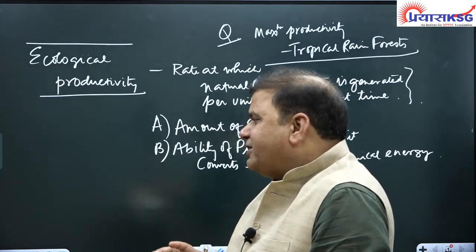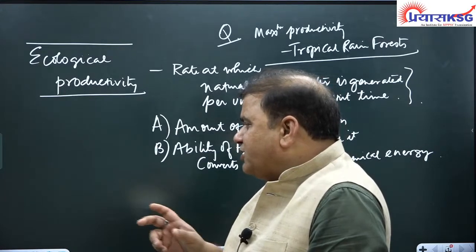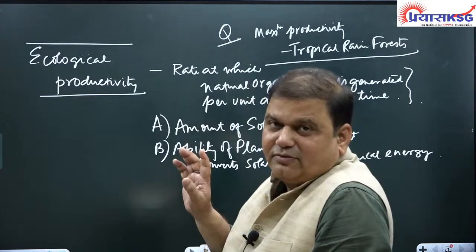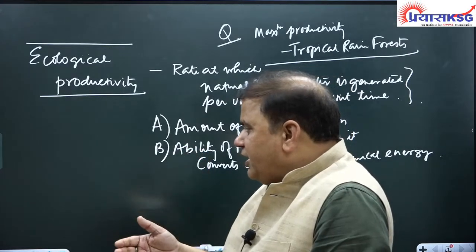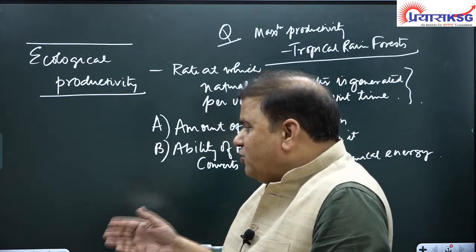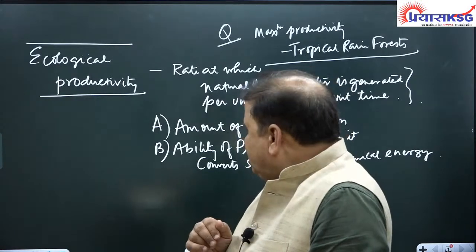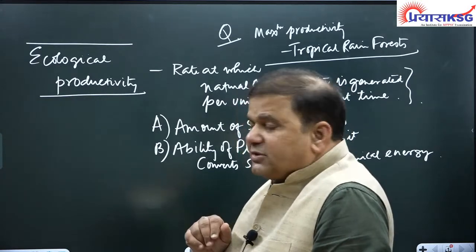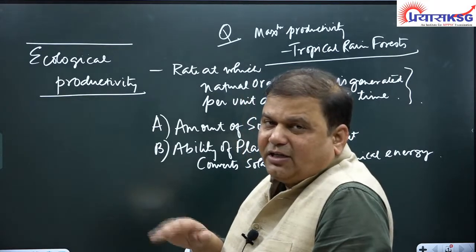But if a question is asked to you that which area of ocean is called the tropical rainforest of ocean, the area of the ocean which is near the coast and where corals are present would be referred to as tropical rainforest of ocean. And why so? Because in this area the concentration of phytoplankton and algae is more.